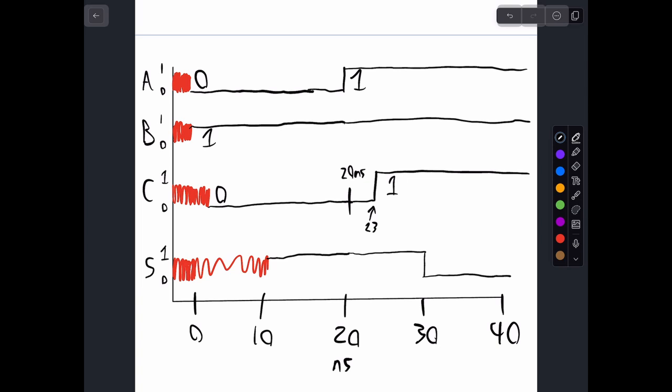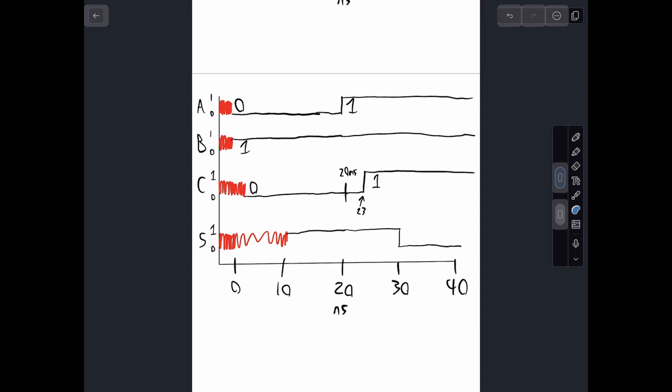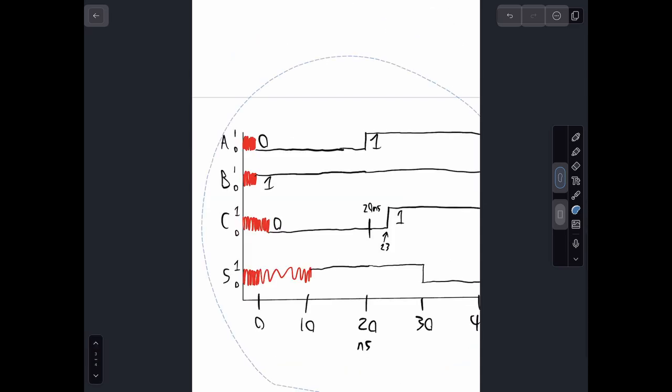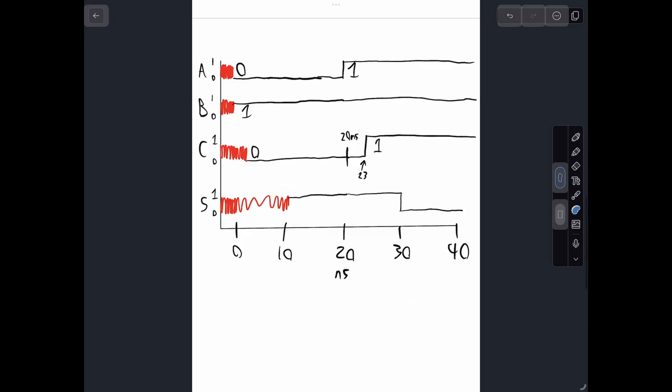Okay, makes sense? Pretty good. Let's zoom out further.